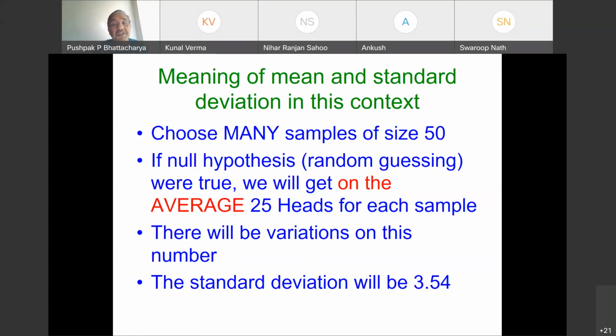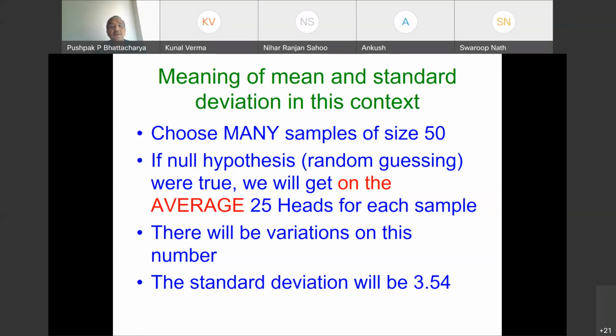Let us choose many samples of size 50. And if the null hypothesis is indeed true, that is, random guessing is indeed true, we will get on average 25 heads for each sample. Okay. And of course, there will be variations on this number because these are sets of 50, 50, 50 tokens.